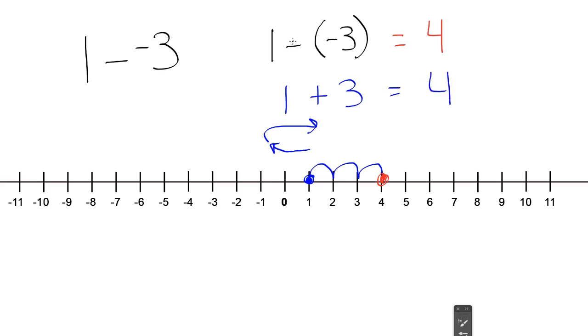So here we see that a negative and a negative turn into a positive. So 1 minus negative 3 can just be written as a plus sign. And a lot of times when you see a negative and a negative together, or even with parentheses around it, you could just make it into a plus sign.